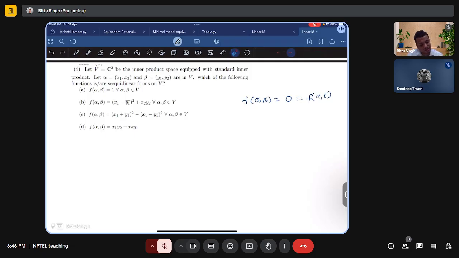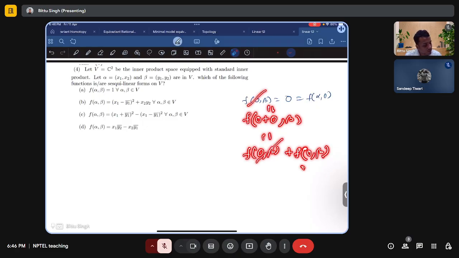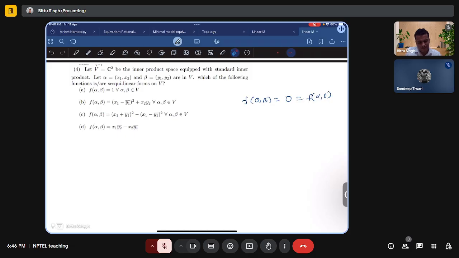The proof is very simple, and it is similar to the earlier one. f of 0 comma beta can be written as f of 0 plus 0 comma beta, and by linearity on the first component, f of 0 comma beta equals f of 0 comma beta plus f of 0 comma beta. Now f of 0 comma beta cancels, therefore f of 0 comma beta is the same as 0, because f of 0 comma beta cannot be 2 times f of 0 comma beta unless it is 0. So the proof is the same. Therefore, it is clear that A is not a form.